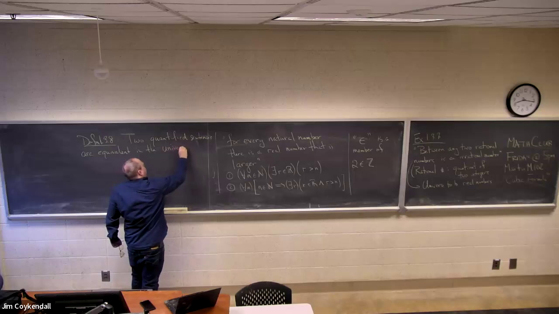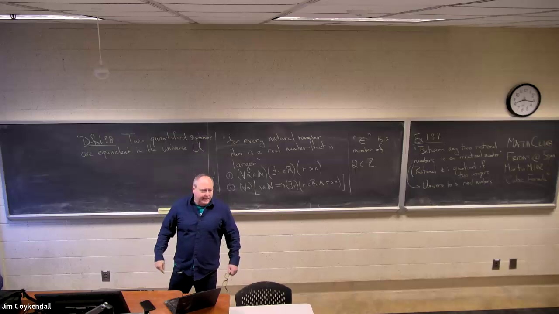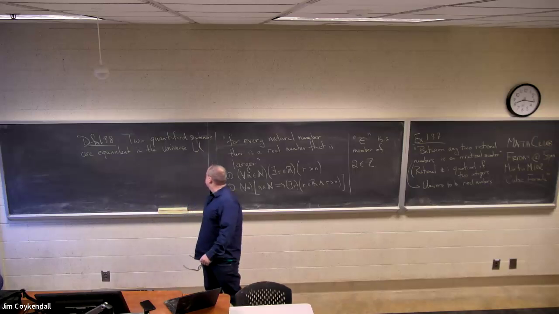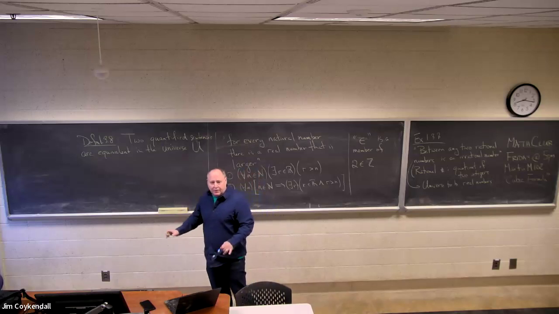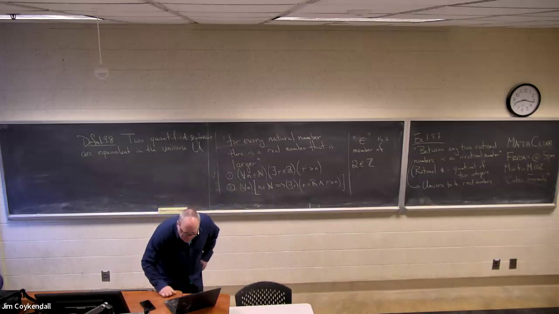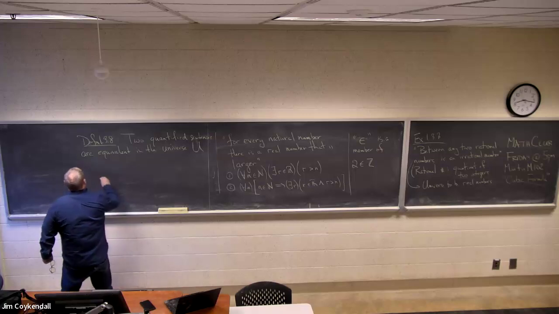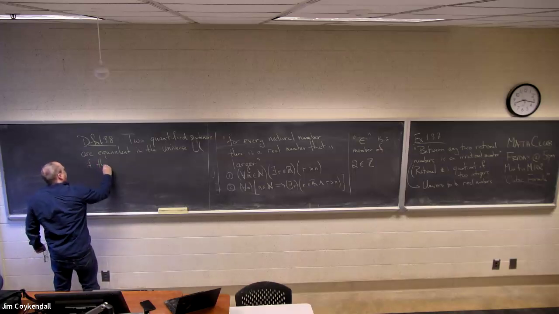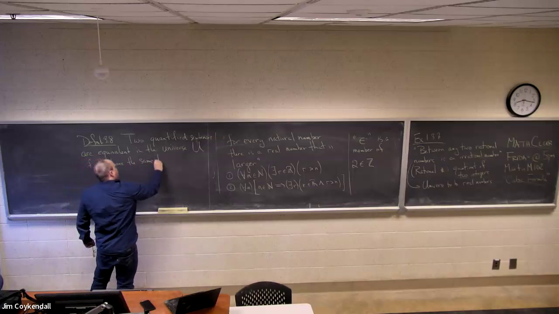I'll call it U, and the U may be the natural numbers, it could be real numbers, complex numbers, it could be the Fargo landfill, any universe where you can talk about there exists a piece of garbage in this landfill. Anytime that you can talk about quantifiers, we say that two quantified sentences are equivalent in this universe if they have the same truth values.